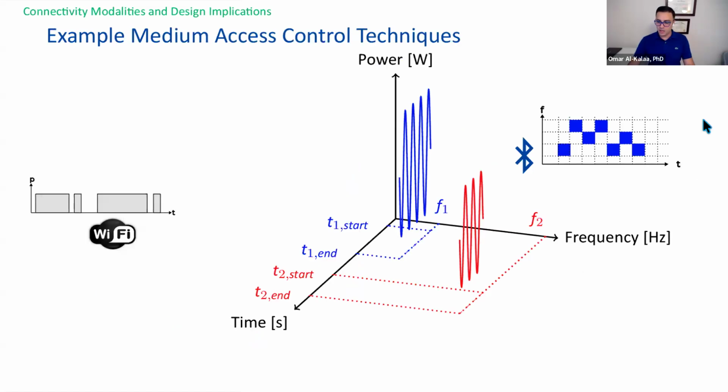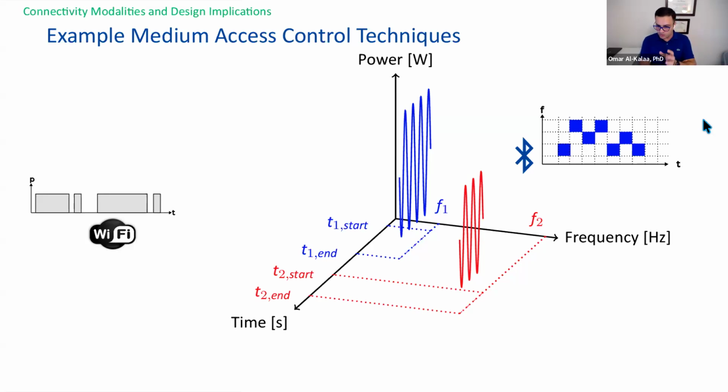Moving on, an important topic that should be thought of very closely when it comes to wireless technologies is spectrum. All wireless technologies operate in a certain spectrum band. Spectrum can be characterized by the three parameters that you see on the screen: time, frequency, and power.